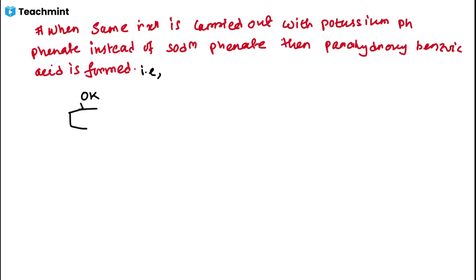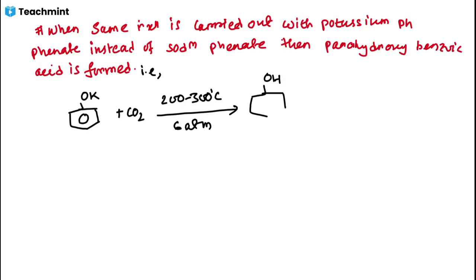Potassium phenoxide reacts with carbon dioxide when the temperature is 200 degrees centigrade. When sodium phenoxide is used, the temperature should be 120 to 140 degrees centigrade, where the pressure is 4 to 7 atm. Here the pressure is 6 atm, and we get potassium para-hydroxybenzoate.